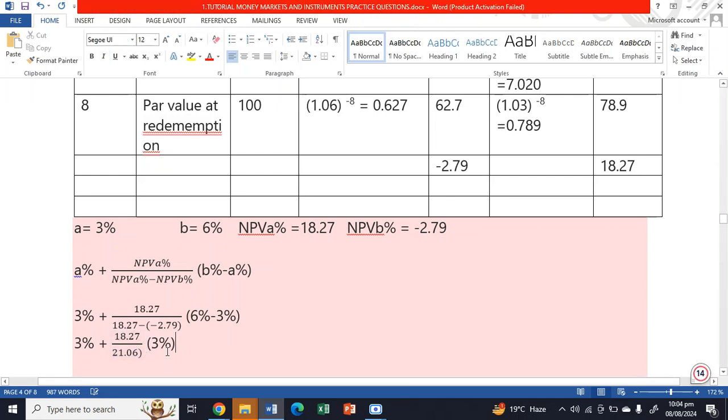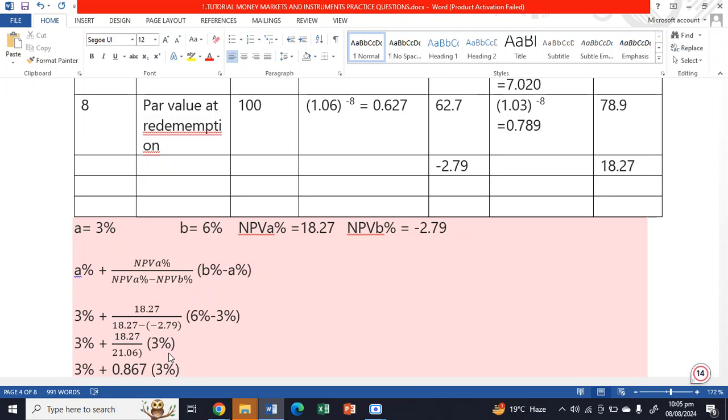And you say 18.27 divided by 21.06, 0.867. Multiplied by 3%.